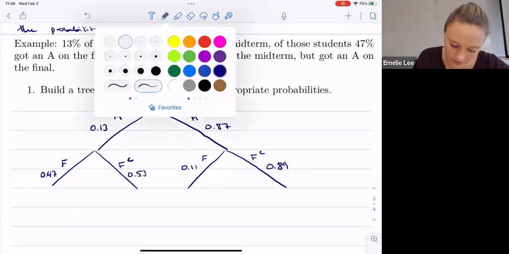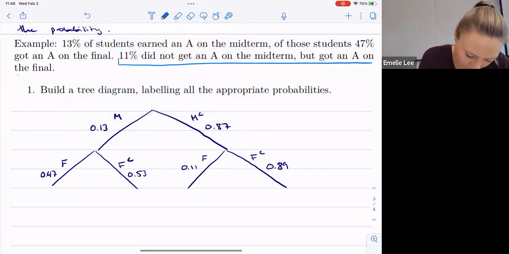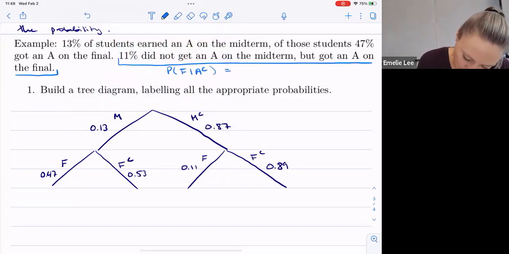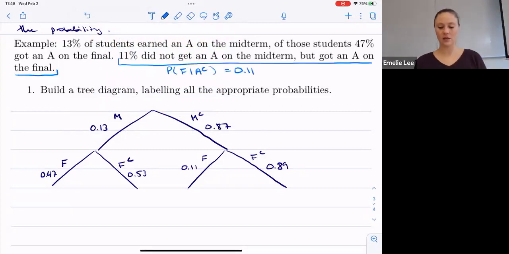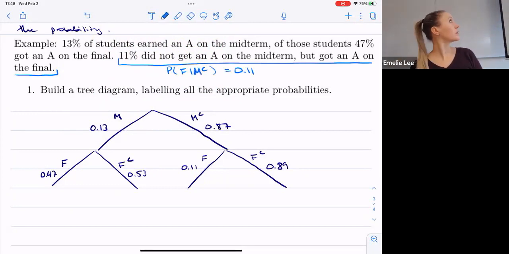Right, so here I'll jot that down. Probability of F given not A_M is 0.11.